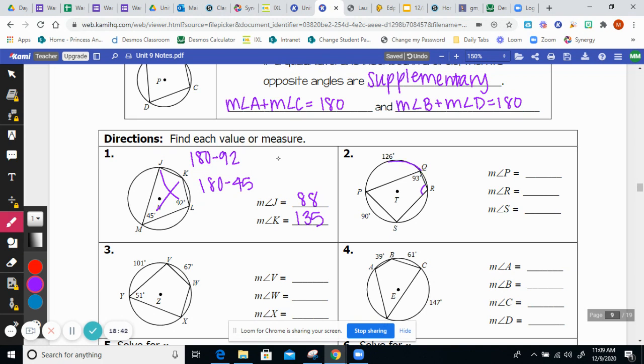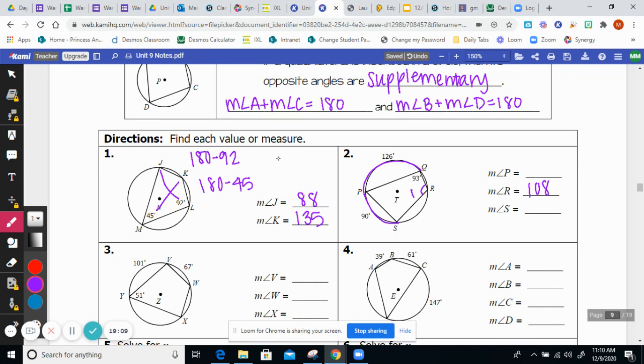We have Q, P, and S. So I add those together, 126 plus 90, and then I divide by 2, because remember, our angle is going to be half of the intercepted arc. I add them together and divide by 2, and I get 108.